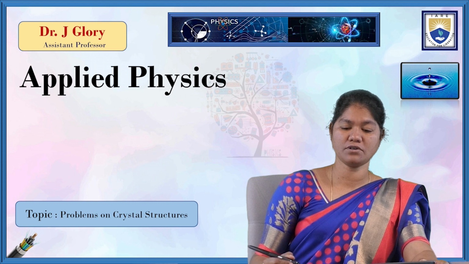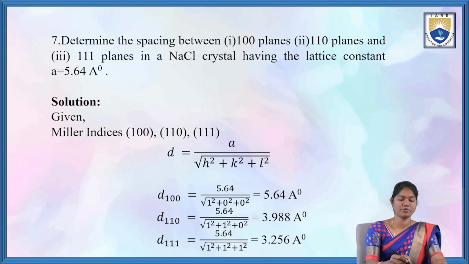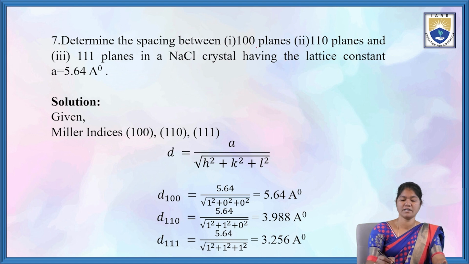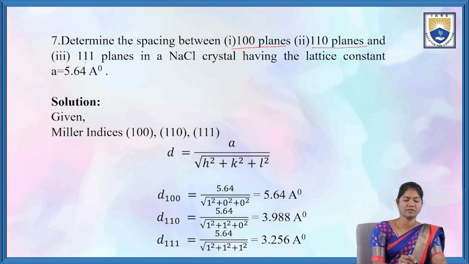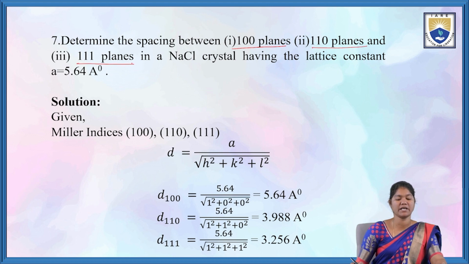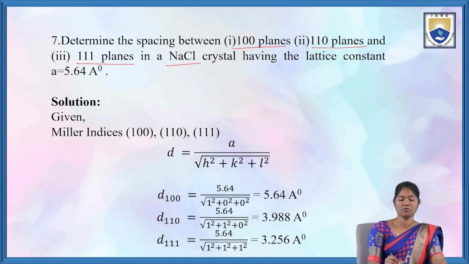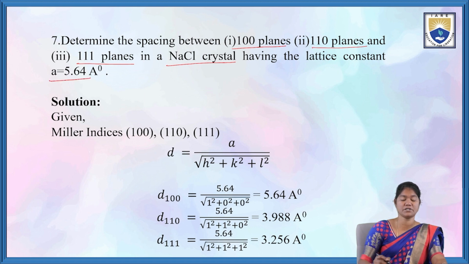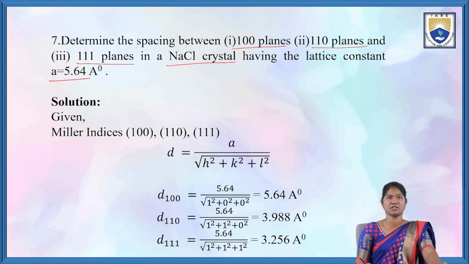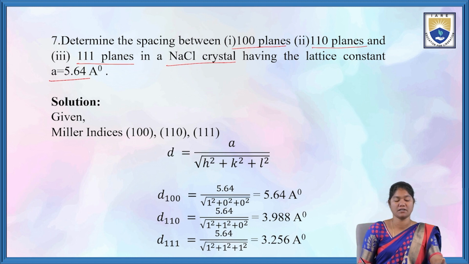Now here is the problem: determine the spacing between the 100 plane, 110 plane, and 111 plane in a sodium chloride crystal, NaCl crystal, having the lattice constant a equals 5.64 angstroms.